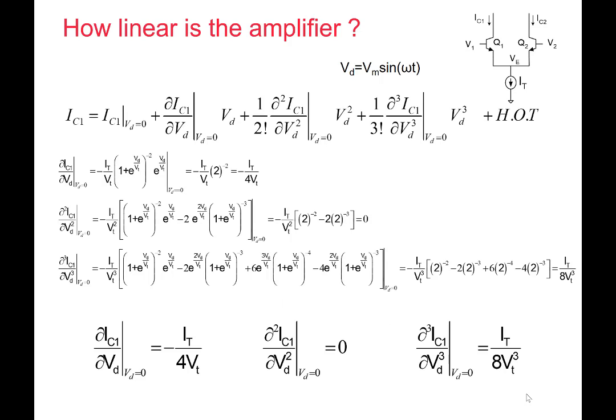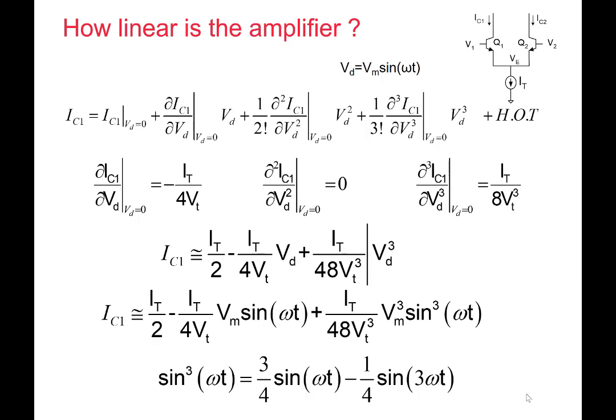Because these are the coefficients for the first and the second and the third term. Let's not worry about that. I recall a trig identity: sine cubed of omega t is equal to 3/4 sine of omega t minus 1/4 sine of 3 omega t. So I get an expression for the collector current, and then I have this identity.